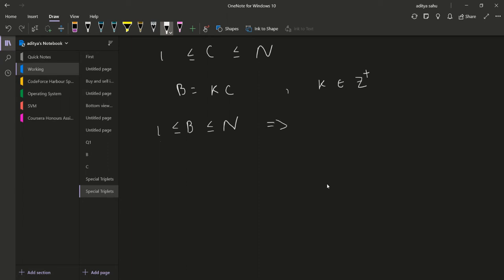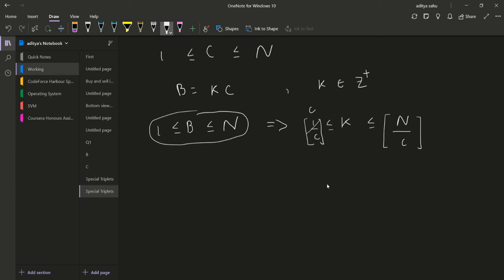So we can just find the range of the values of k for which this criterion holds. We can replace b by k times c and easily deduce that k should also vary up to n by c, and from 1 by c, which will basically give you a 0.